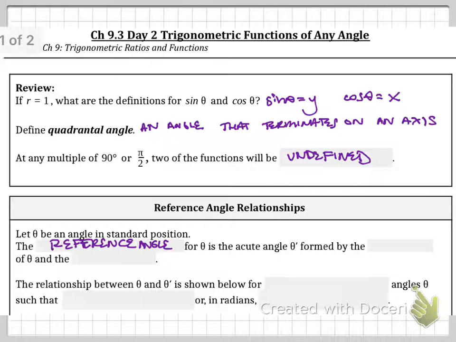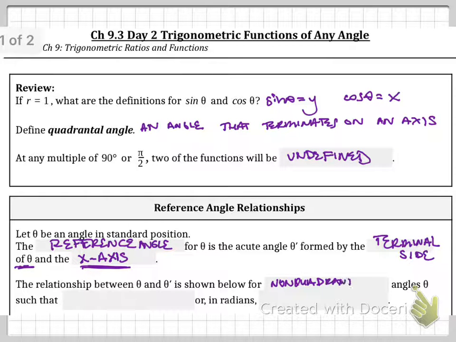It's formed by the terminal side of theta and the x-axis. Okay, so it's the terminal side of theta and the x-axis, specifically the x-axis, not the y-axis. The relationship between theta and theta prime is shown below for non-quadrantal angles.